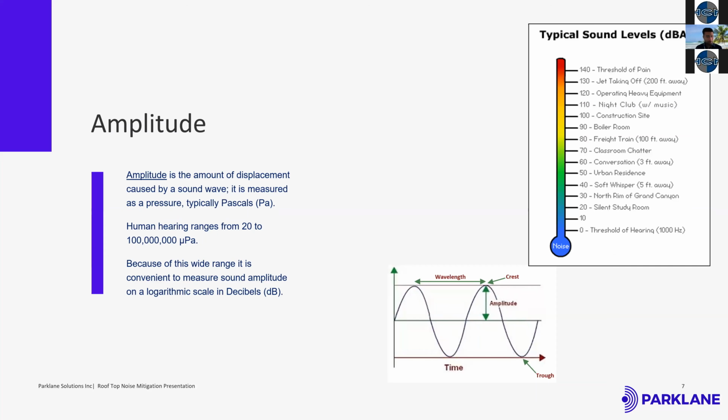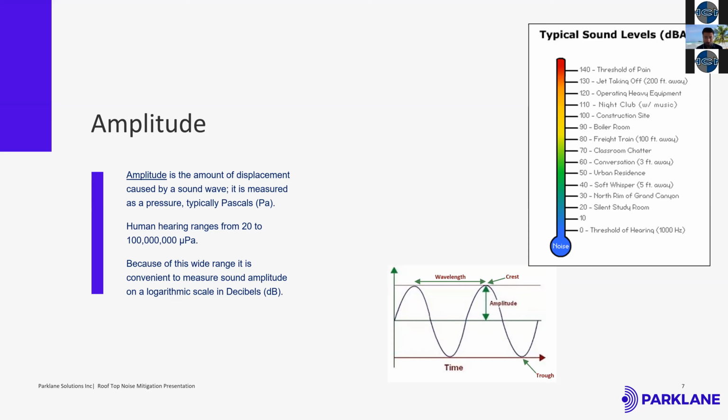Now, just wanted to talk about amplitude and the properties of sound here. Sound, as I mentioned, is a wave, and I just want to touch on some of the key aspects. In a typical wave, the crest is the highest part, and the trough is the lowest part. A wavelength is defined by the space between two crests or two troughs, whereas the amplitude is the level of, in this case, how loud the sound is.